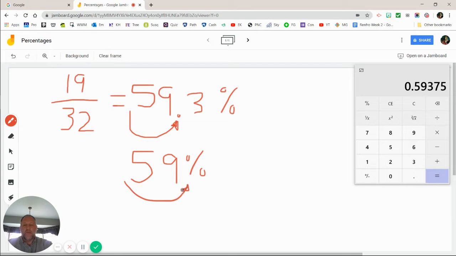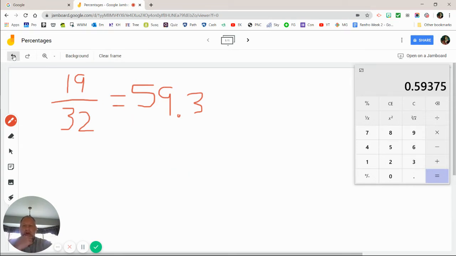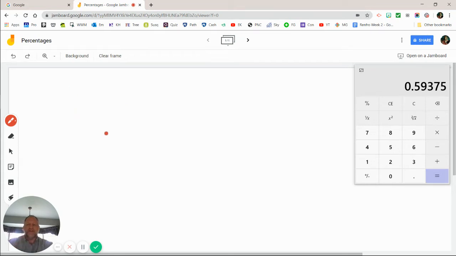Okay. Today, I want to talk about something a little new. Today, I want to talk about finding the percentage of a number, which is different than the example that I just showed you, okay?